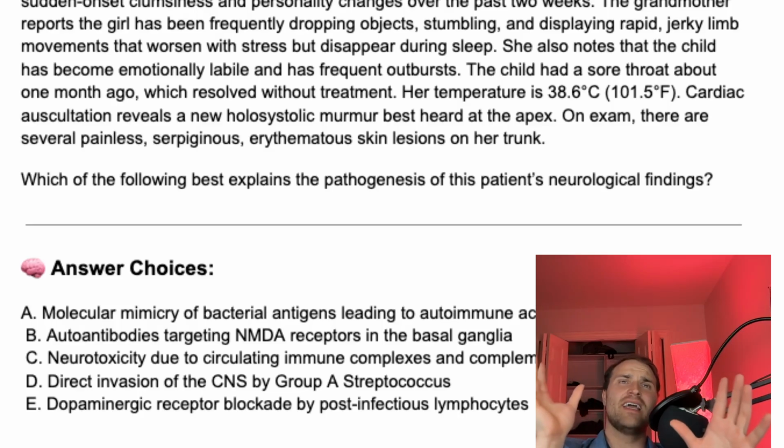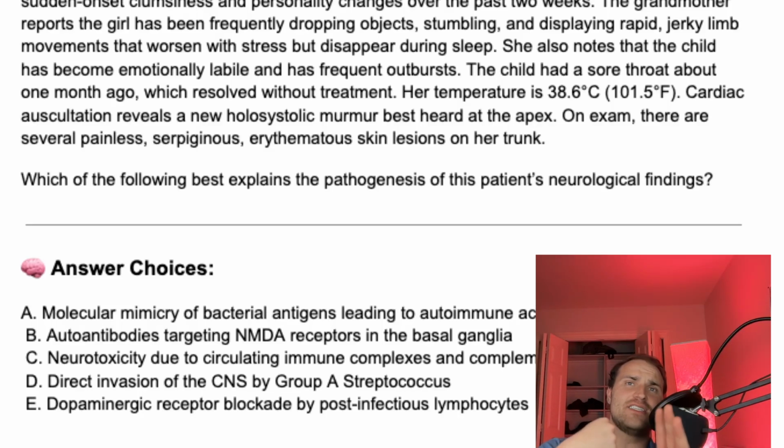Antibodies will then attack these antigens and the M protein, and subsequently attack myosin, the cardiac protein, and lysoganglioside, and then everything goes bad. And so you get this mitral regurgitation.